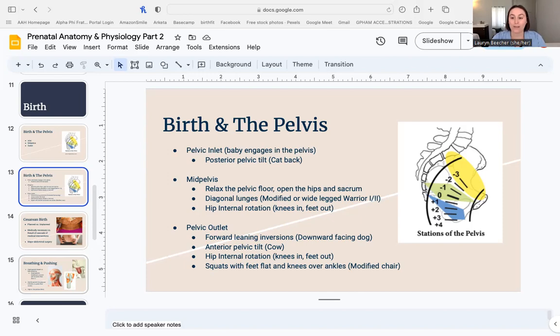So you're opening the mid pelvis as well as the outlet, versus if I want to open more of the inlet, the top of the pelvis, if I bring my knees wider than my hips, or I bring my feet together, then everything's going to close off at the bottom at the sit bones and the pelvic floor and open up at the inlet or the top of the pelvis.